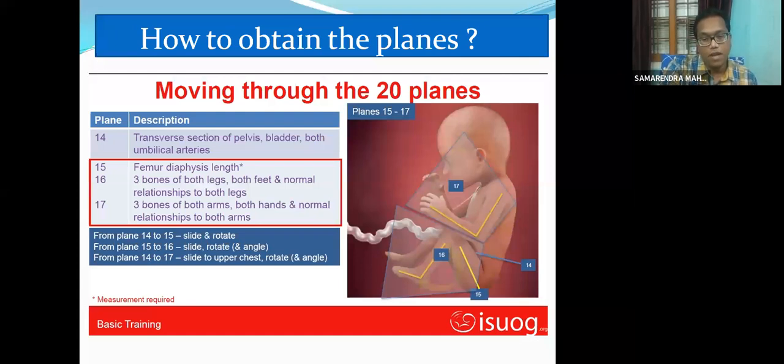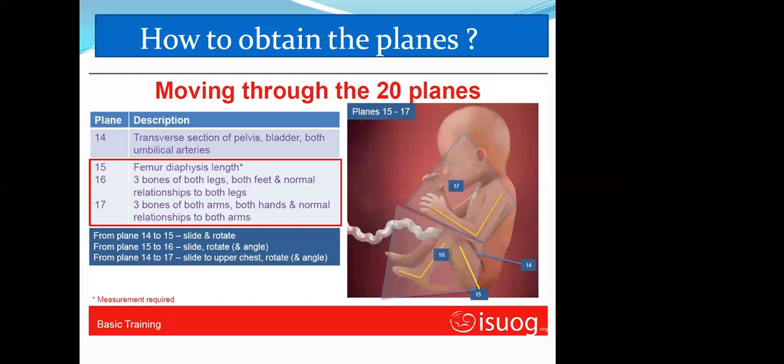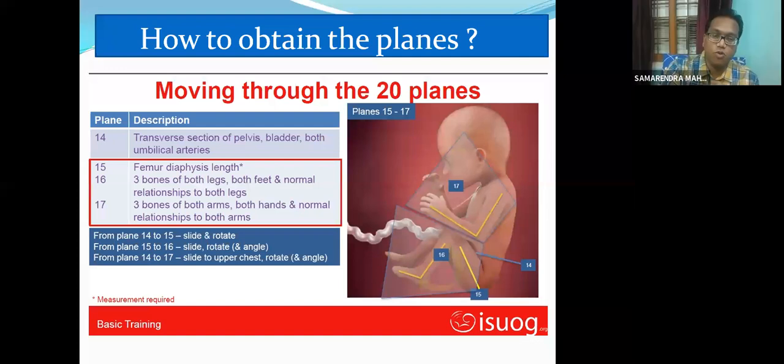For the upper limb examination, from plane 14, the pelvic plane, we slide upward, rotate, and angulate. But practically, the baby is moving and the limbs are also moving during examination, and this requires precise movement of the probe to get the planes.